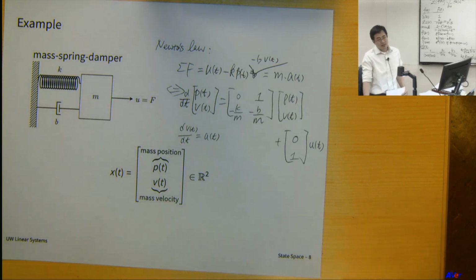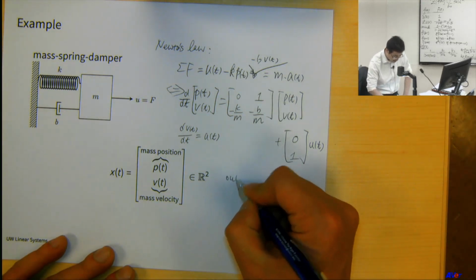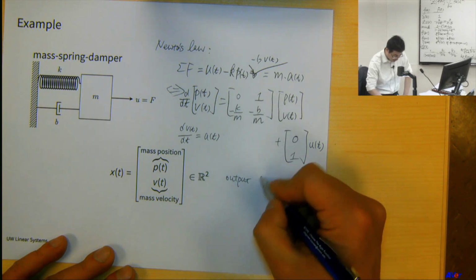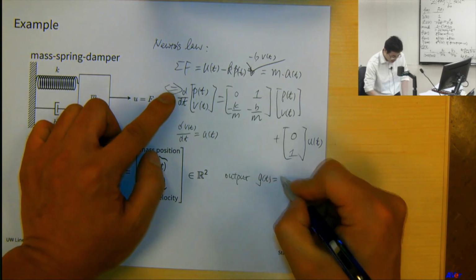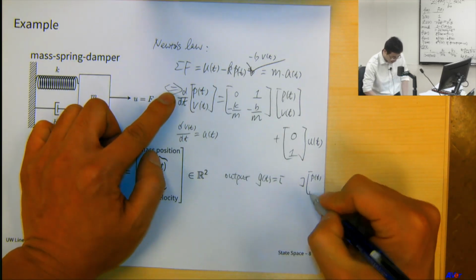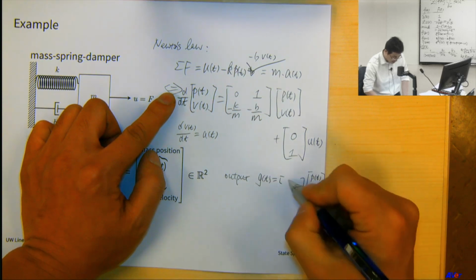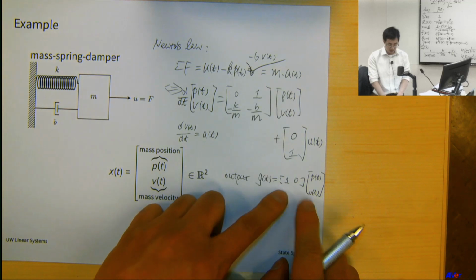So from here we can say, if we want to know what is the position, right? If I treat position as my output, let's say output y(t) is my position, then it's just the state p v times 1 0. So it's 1 0 times the state over here.